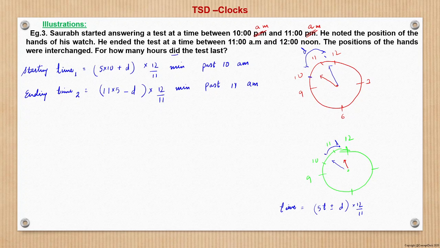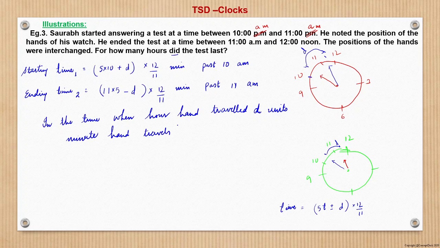So for d again we use that in the same time, when the hour hand has traveled d units, the minute hand travels how much? The minute hand started from here, and then on the way went through the circle and reached here.